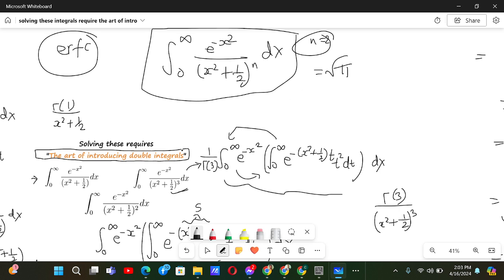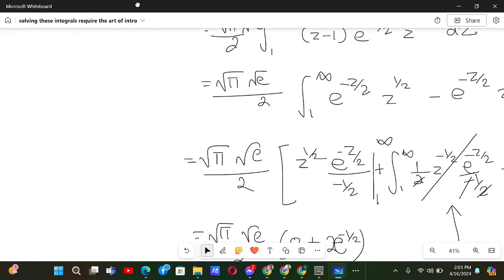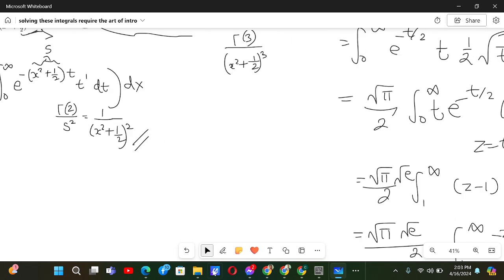But for other cases, for example for 3 or 1 or 4 or 5 or 6 or 7, there's always a complementary error function that tends to reduce the beauty of the solution. Okay, so we have solved this, and the answer is nicely the root pi.